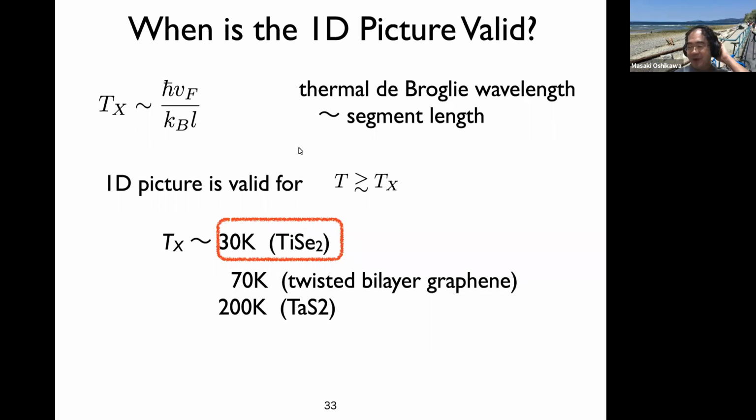We are hoping to make a more concrete prediction based on the network model. Of course, we need to compare with other possible scenarios, like what you said. I agree that this non-Fermi liquid type behavior alone does not really prove this scenario. There are probably many other possibilities.